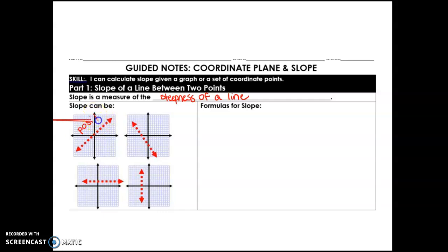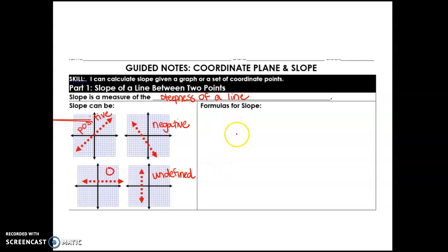Whoa, not sure what happened there. It can be negative, like this line. It can be 0, or it can be undefined. We're going to talk here in a little bit about how we can recognize those.